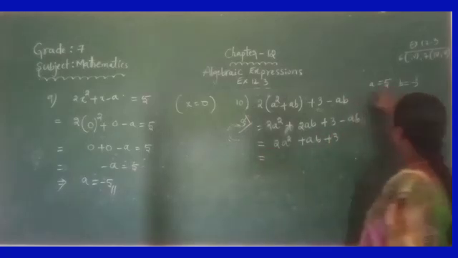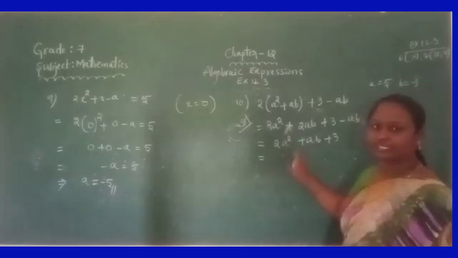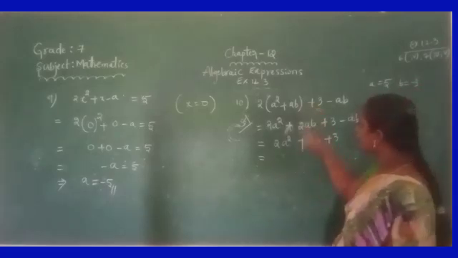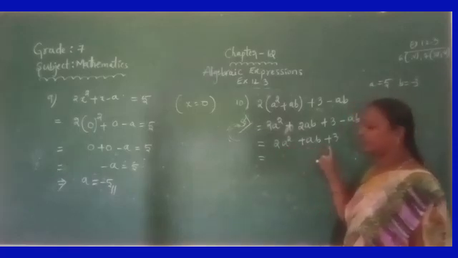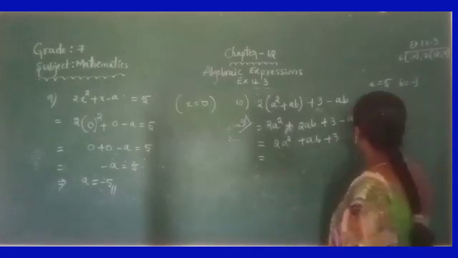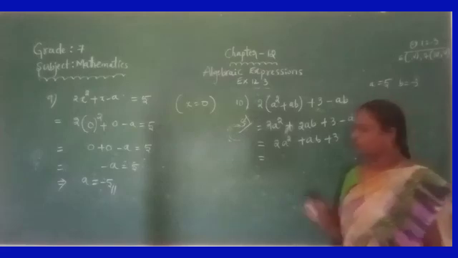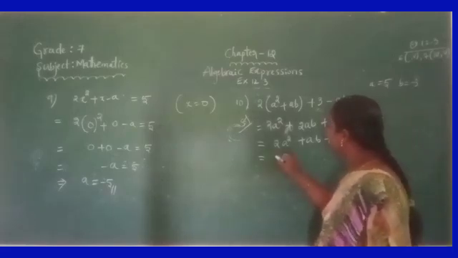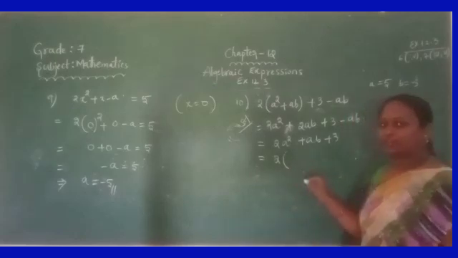When A is equal to 5 and B is equal to minus 3, what is the value of this expression? After simplifying, we got the expression 2A square plus AB plus 3. In this expression, we have to substitute A is equal to 5 and B is equal to minus 3. Now I am substituting here. 2 into, what is the value of A here?